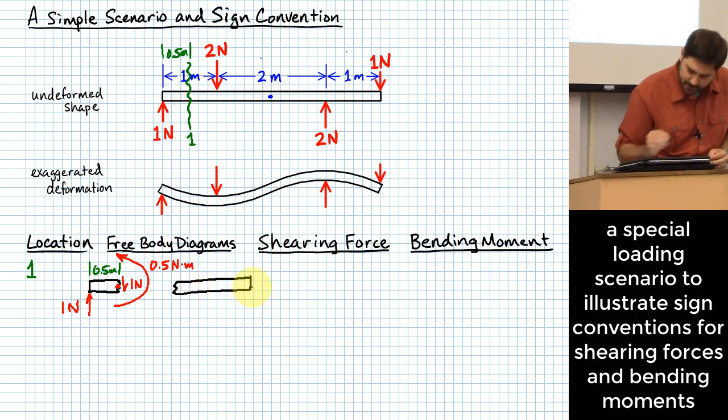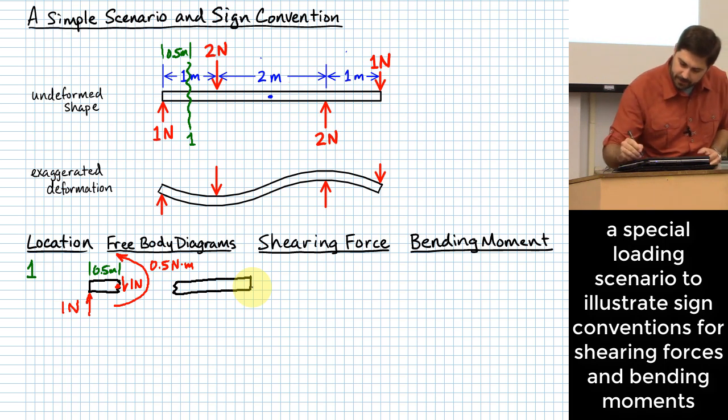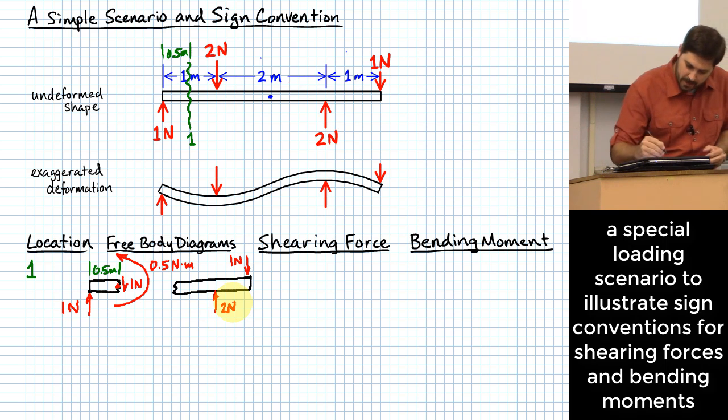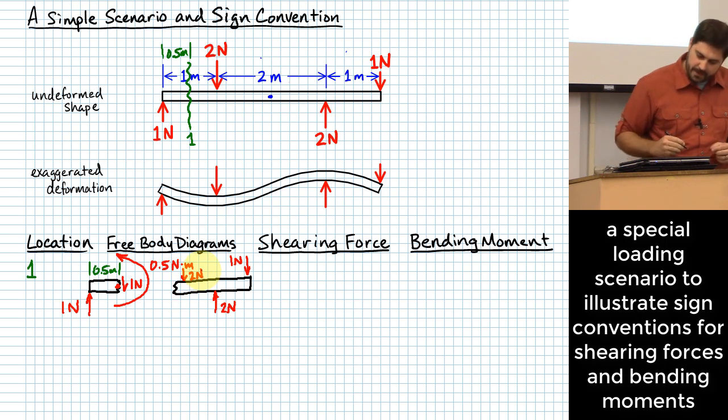Okay, I might have to scrunch it down here just a little bit. What do I have here? 1 Newton. I'll have 2 Newtons here. Okay. And 2 Newtons here again, right? 2 Newtons. And then what do I have?